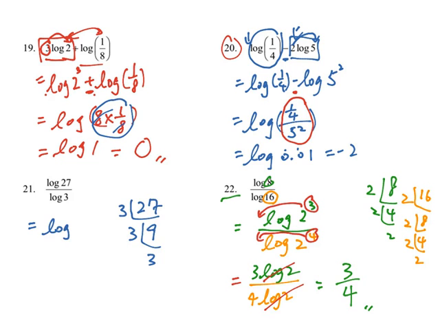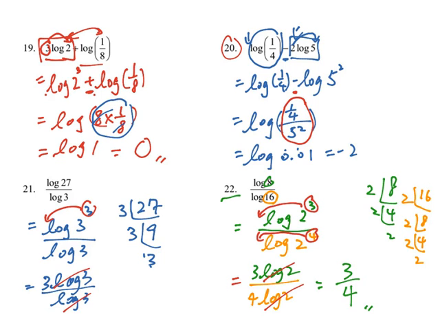That means log 27 is log 3 to the power 3 over log 3. And then we can put the index to the front, like this. So it becomes 3 log 3 over log 3. Next, you can cancel log 3. So the answer is 3 only.